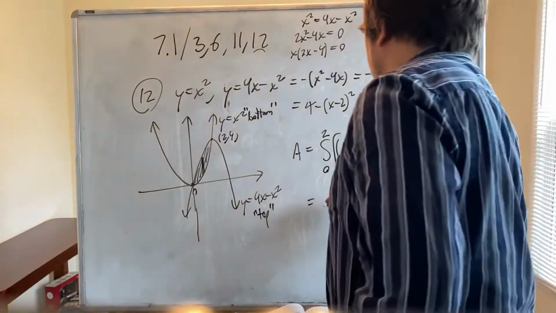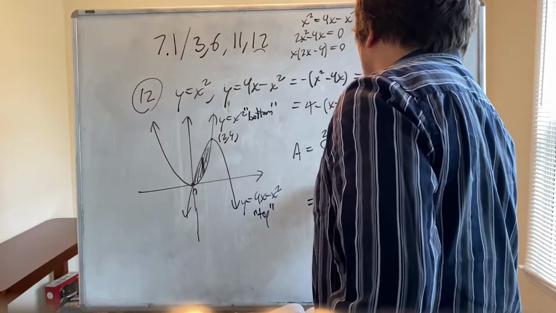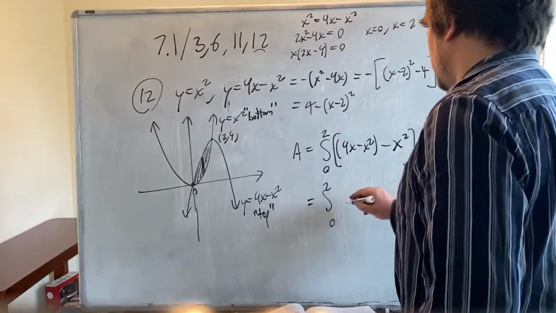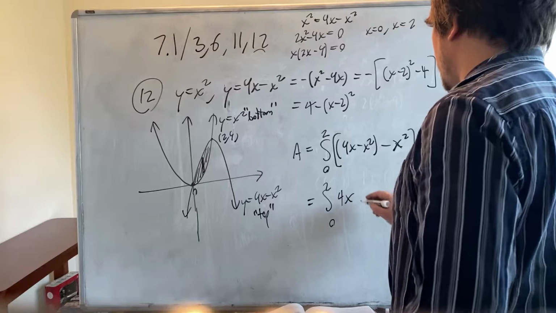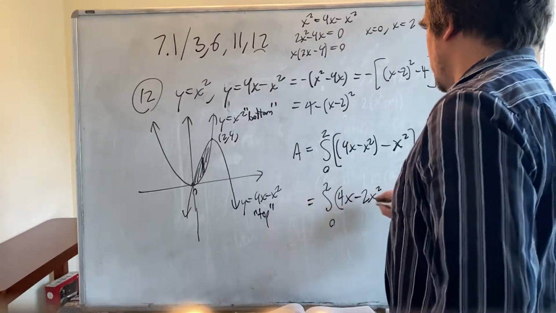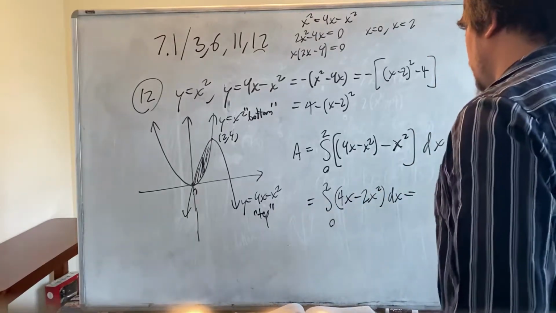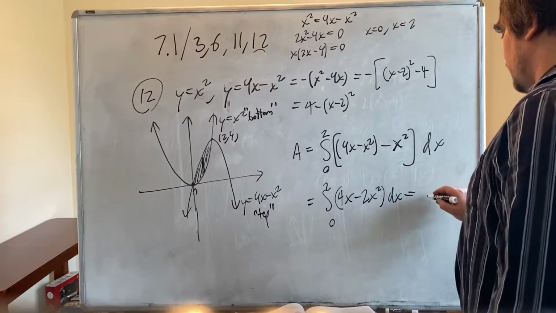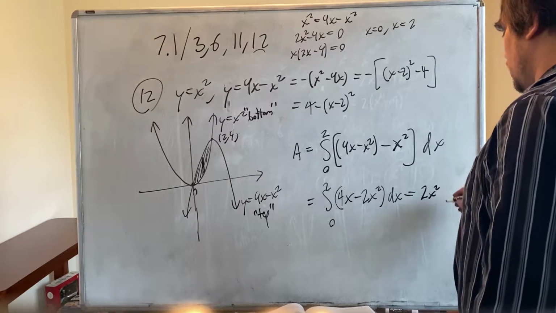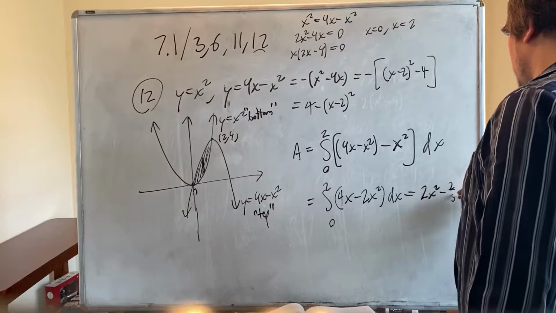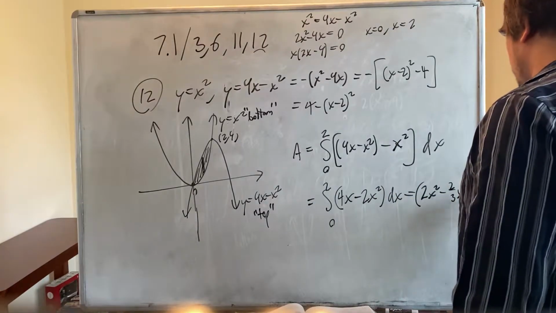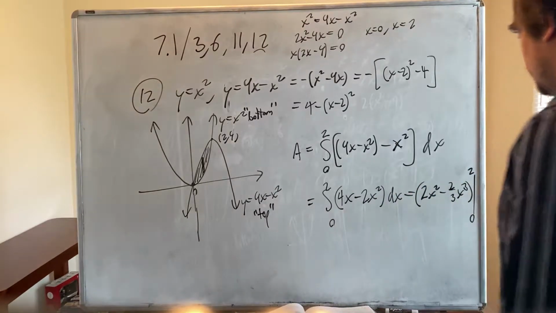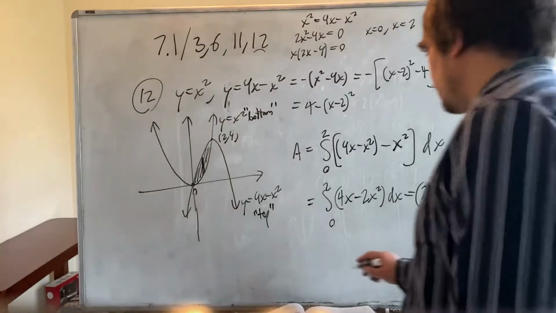Okay, so you find this definite integral from 0 to 2 of 4x minus x squared minus x squared, which is 4x minus 2x squared, dx. And this is equal to 2x squared minus 2/3 x cubed, evaluated from 0 to 2.